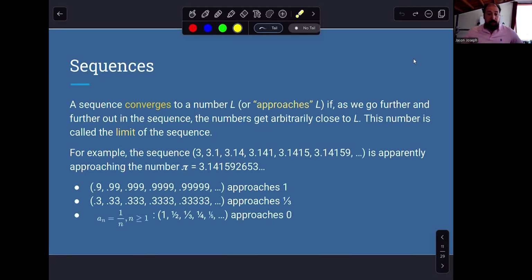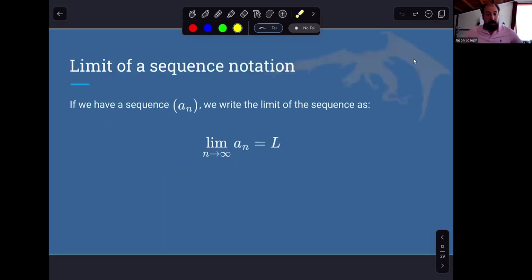So here is the notation for that. It's just the limit of a sub n as n goes to infinity equals L, where L is whatever the limit of the sequence is. That's just an example of the notation. Probably no surprises there.